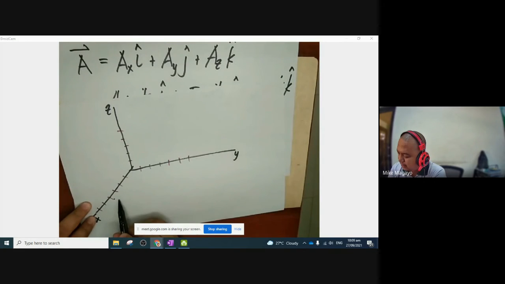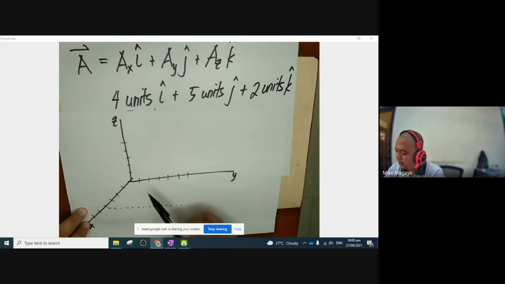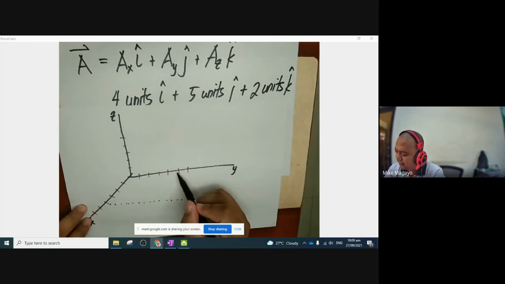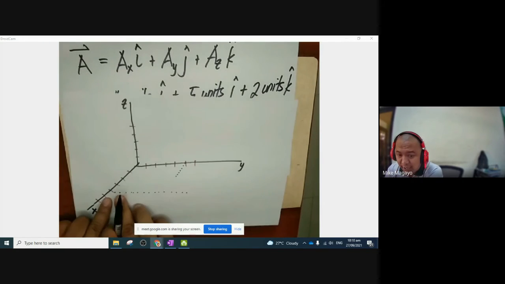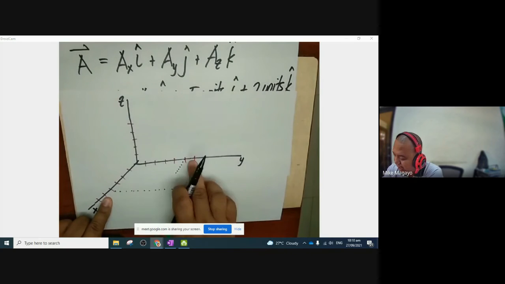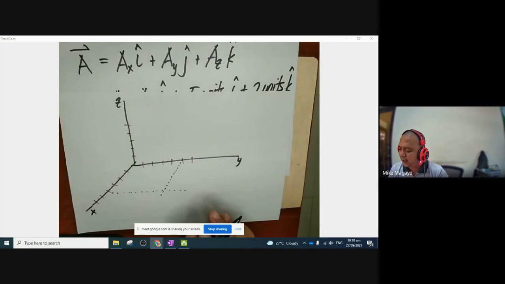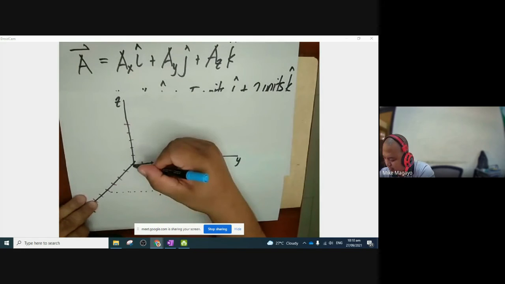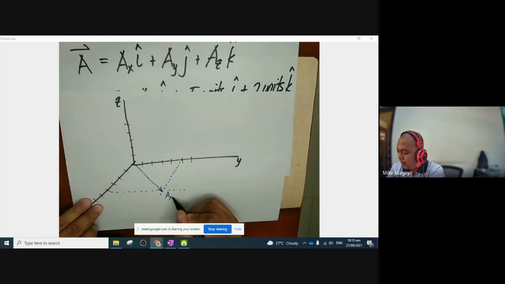Okay, so I'll start here. Then it has 5 units along y: 1, 2, 3, 4, 5. Make sure that when you draw, the dotted lines are parallel to the y-axis, and this extended line is parallel to the x-axis. This is now a projection along xy only, a x y.